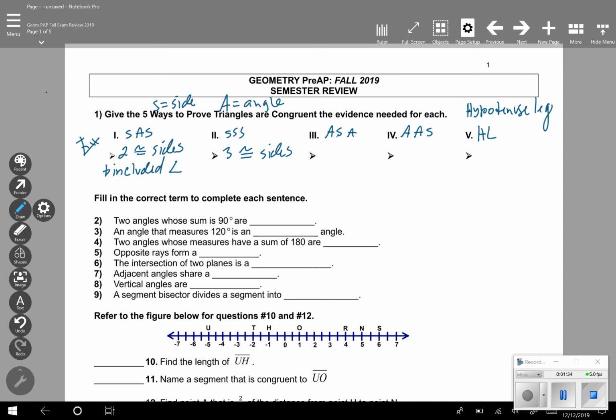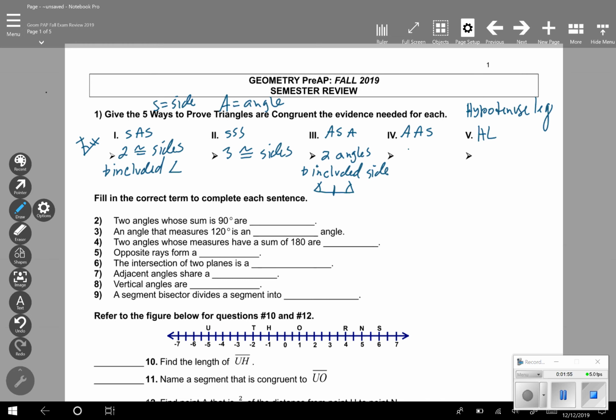Okay, angle, side, angle. You have 2 angles and the included side that need to be congruent. So you have an angle and another angle, and that side between them. Those have to be congruent.